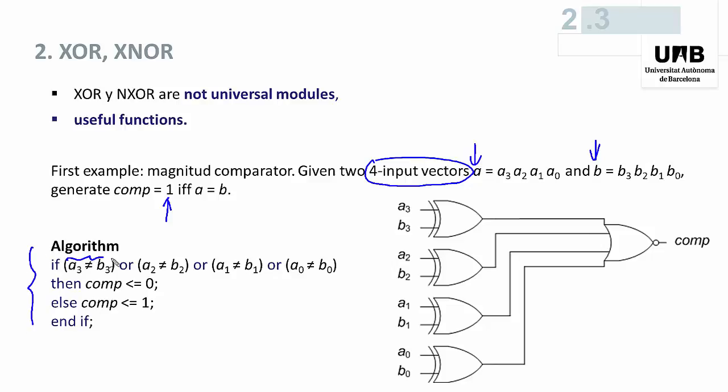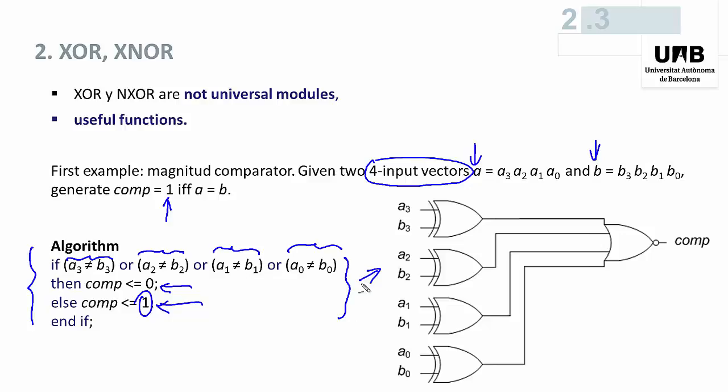If A3 is different from B3, or if A2 is different from B2, or A1 different from B1, or A0 different from B0, then A is not the same as B, so the output comp will be equal to 0. If the condition doesn't hold, it means that A3 is equal to B3, and A2 is equal to B2, and A1 equal to B1, and A0 equal to B0, so both vectors are equal and the output is equal to 1.